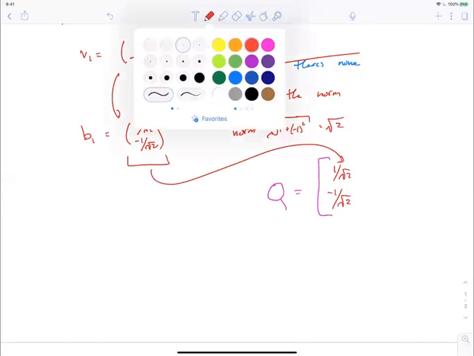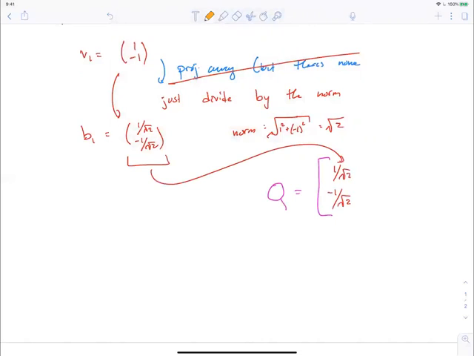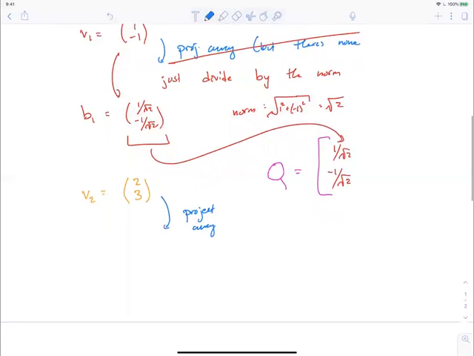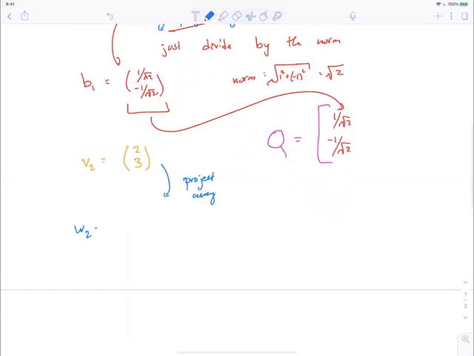All right, now we go on to the next vector. So that was our B. Now we're going to go on to the next vector. So we had V2, which was 2, 3. And now we're going to project away. And now we have a vector to project away. So now we can compute this intermediate vector, which is the original vector minus the previous projection.